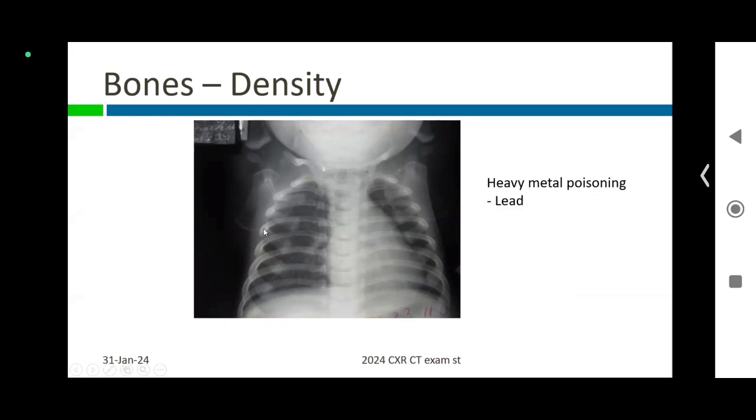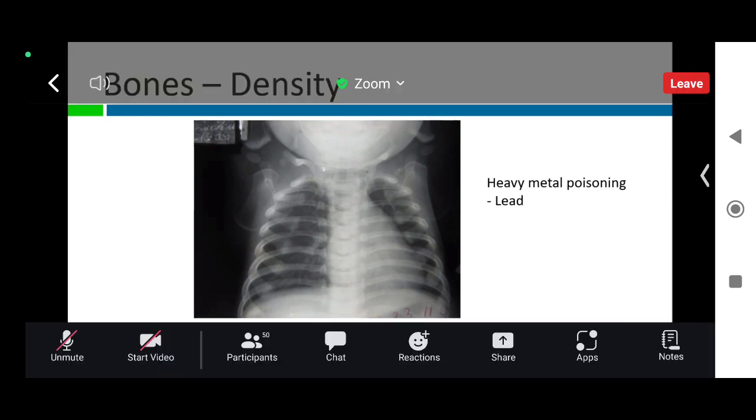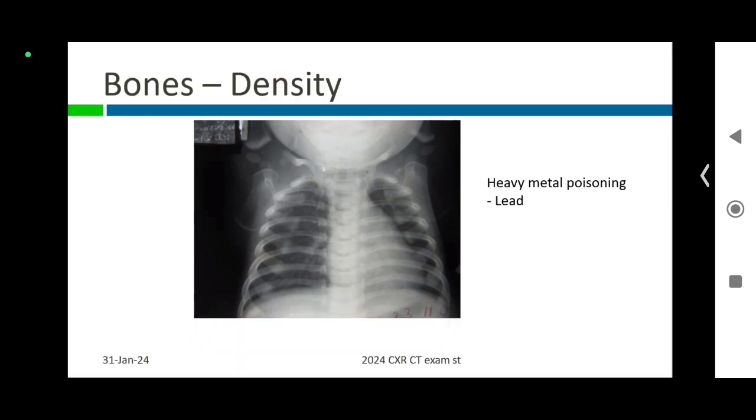You look at the inferior angle of scapula. Someone has put a chalk diagram, a line diagram with a chalk on the inferior angle of scapula. It is heavy metal poisoning. You can make out heavy metal poisoning even with X-ray. So, looking at the bones, don't miss out all these subtle findings.